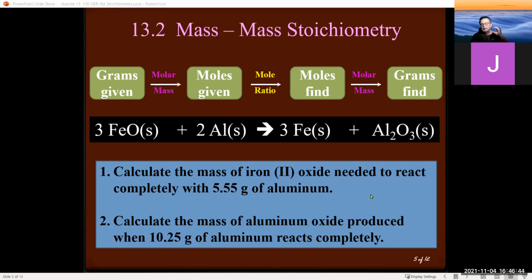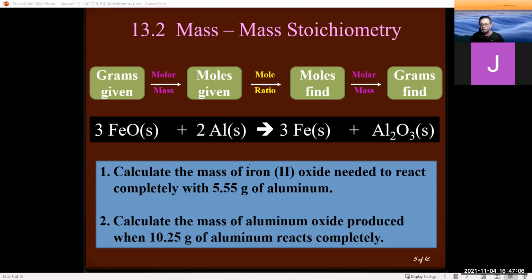First one says, calculate the mass of iron 2 oxide needed to react completely with 5.5 grams of aluminum. Now, first things first, we are looking to identify who's reacting with who.